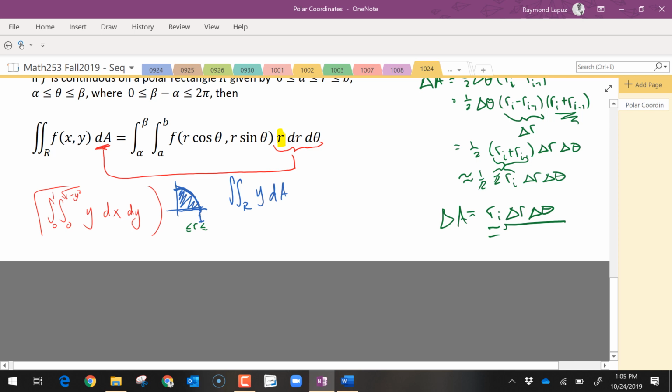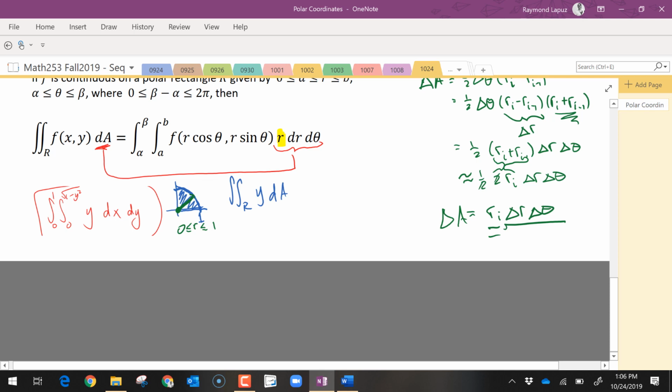Now, your r is a radial distance from the origin going outward. How far am I going to go? Just to 1, right? That's the radius of the circle. I'm going to go as far as 1. Start from 0, end up at 1.